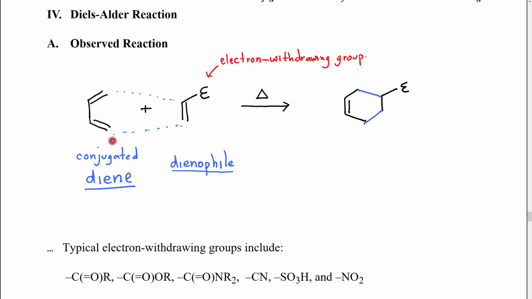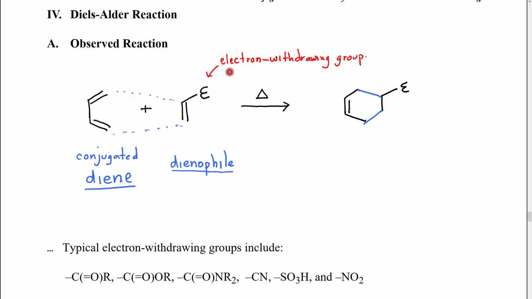The first one is a conjugated diene. In other words, a diene where we go double bond, single bond, double bond. The other reactant is an alkene that has a specific group attached directly to the double bond.